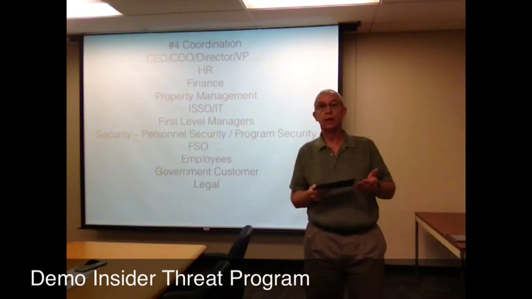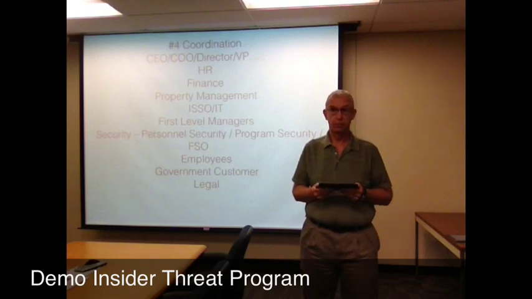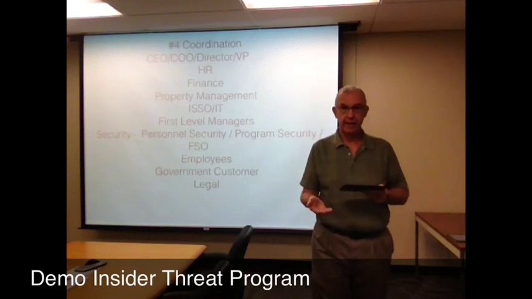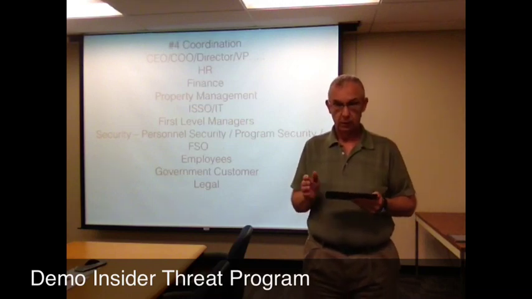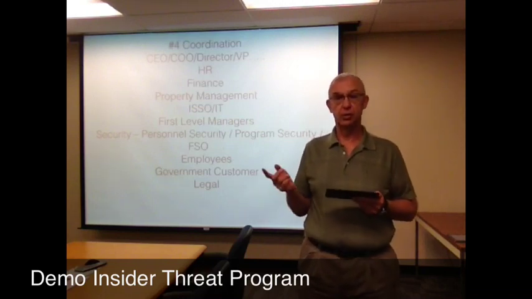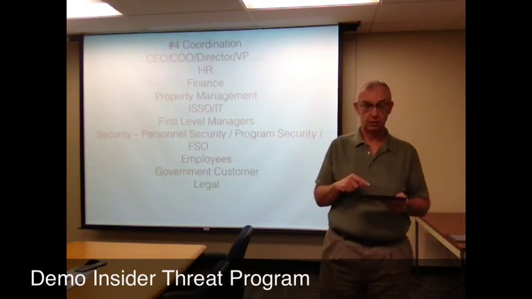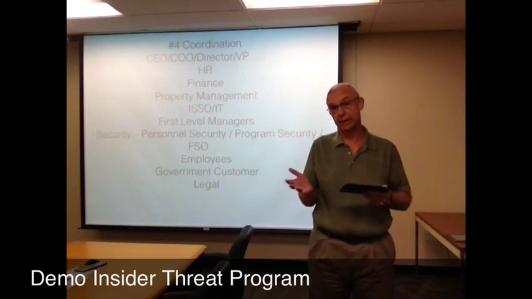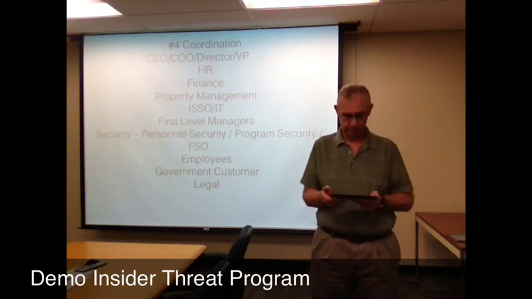You need to coordinate with HR, finance, property management, your ISOs or your IT department, your first level managers, security, and when I say security, I mean personnel security, program security, your FSO, your physical security representatives. In some cases, these may be the same person, but in large companies, they may be multiple people.